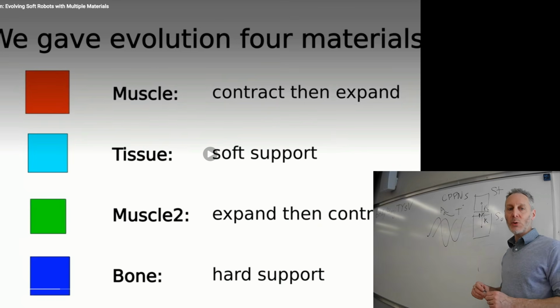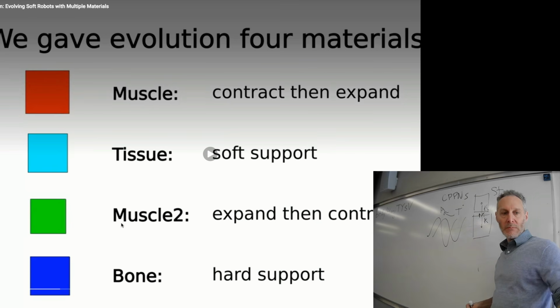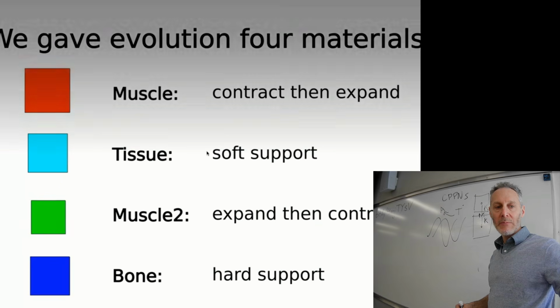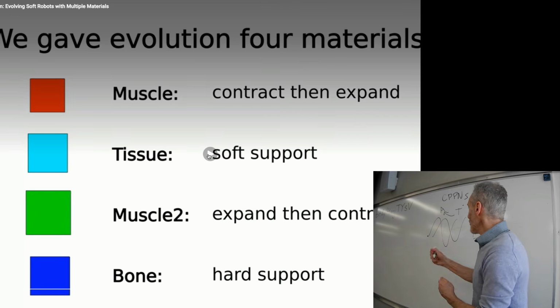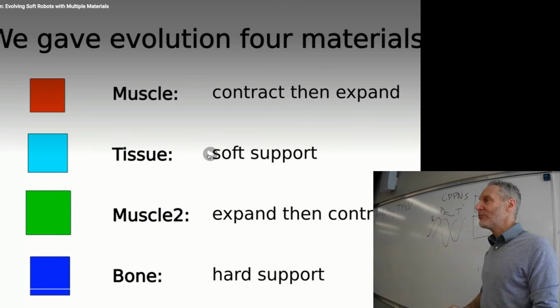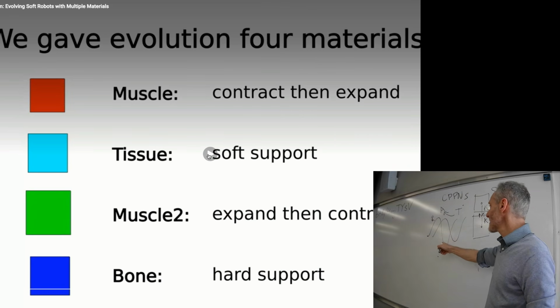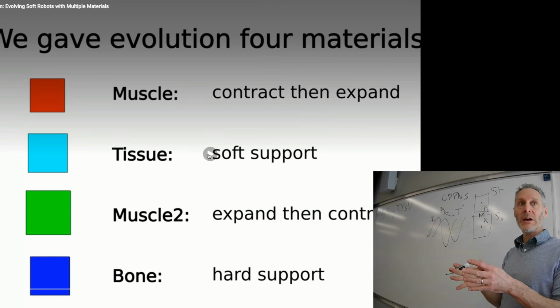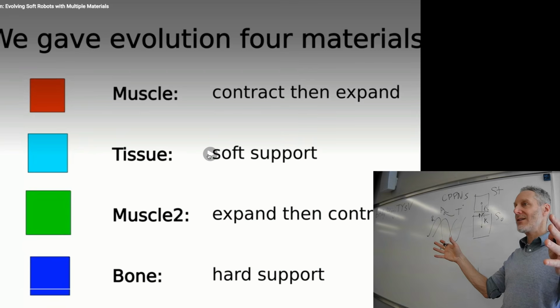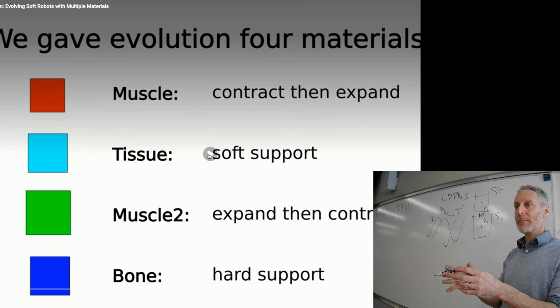Okay, here's the 4 colors. Red and green are going to represent muscle. If we watch for a moment here, you'll notice that they're just spontaneously getting bigger and smaller. Red, we're going to feed every red voxel this central pattern generator pattern. So when I restart this video, you're going to see all the red voxels get bigger together and smaller together.